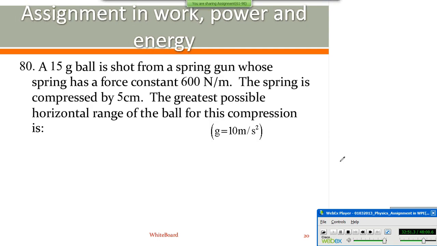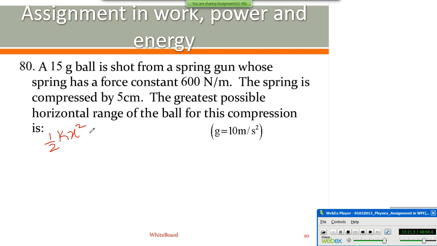So initially, the elastic potential energy stored in the spring is half kx square, where x is the distance through which the spring is compressed from its natural length. When the spring is released, this elastic potential energy stored in the spring becomes zero when the spring acquires its natural length.